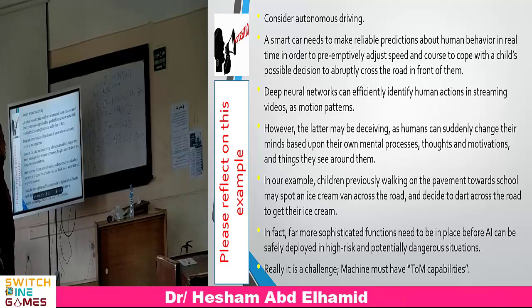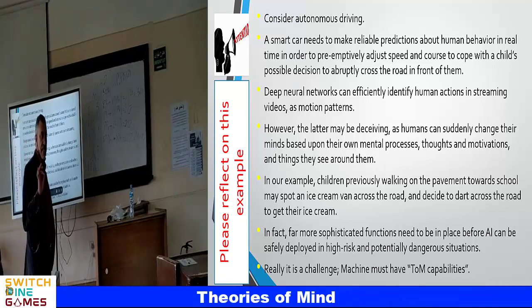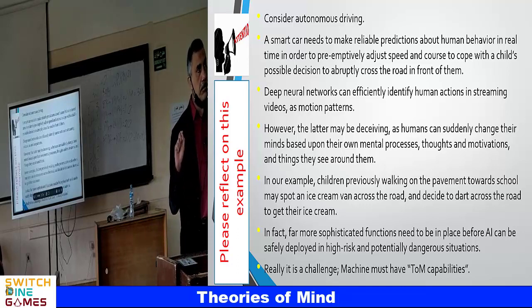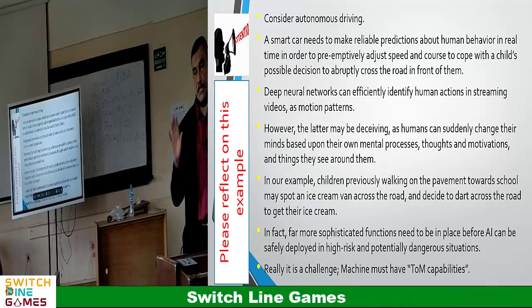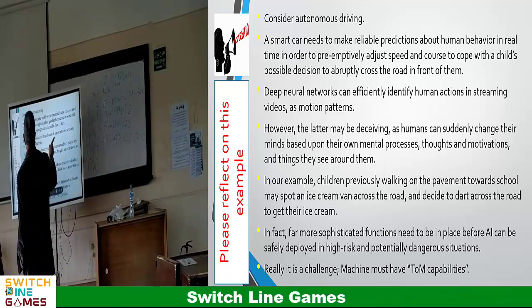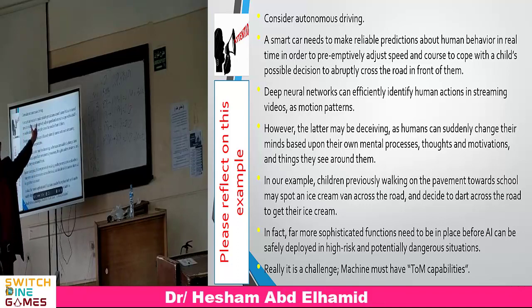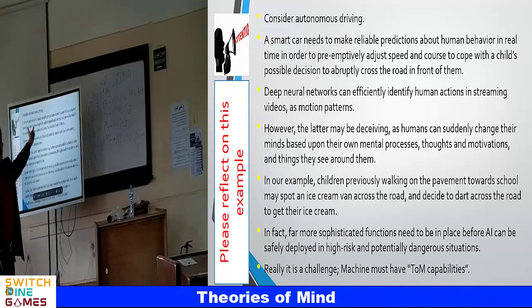A smart car needs to make reliable predictions about human behavior in real time in order to anticipate the human behaviors and then adjust to accommodate them. So it adjusts speed and, of course, copes with a child's possible decision to abruptly cross the road in front of it. Because, as you know, one can suddenly change his mind and decide to cross the road. The smart car must have theory of mind in order to be able to anticipate my behavior before it happens. Okay?